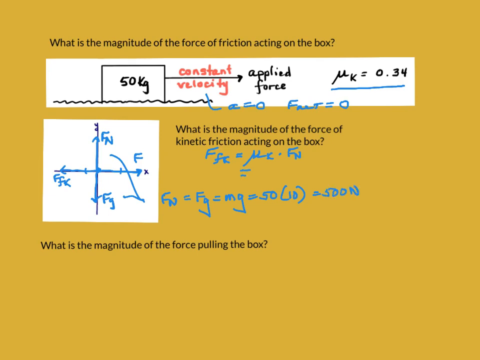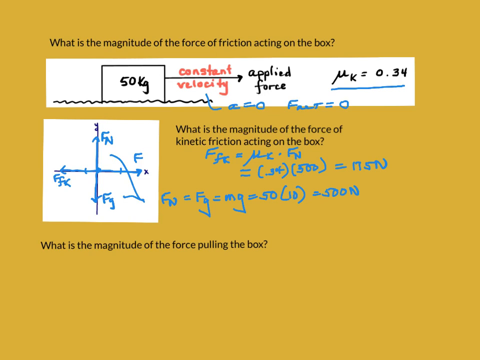So we plug in here our 0.34, which we would have gotten in the problem or from a table, times 500, and we get 175 newtons. So our force of kinetic friction is 175 newtons.